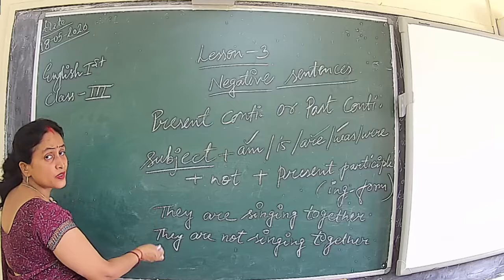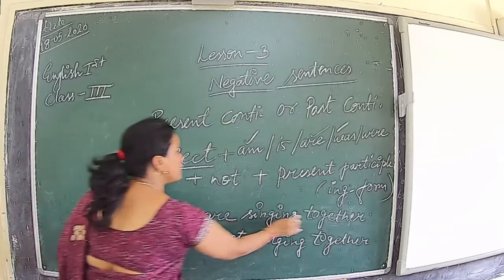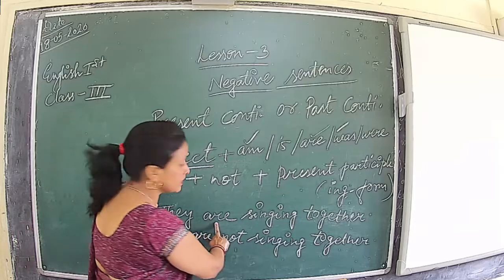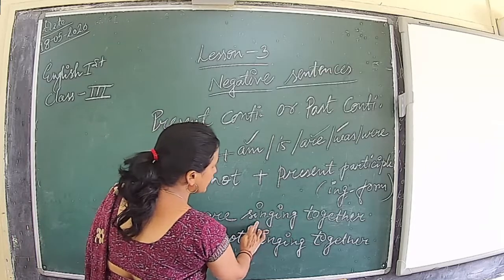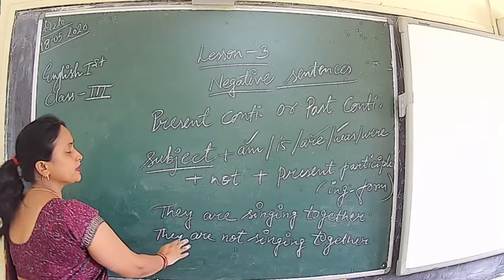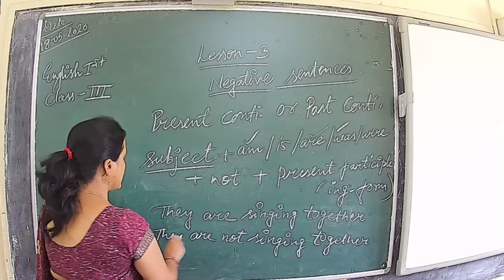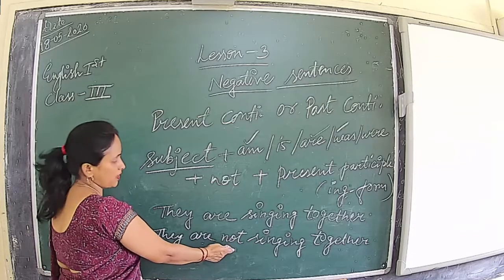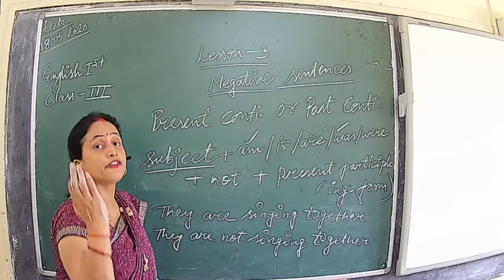Now there is a difference. What is the difference here? This is an affirmative sentence. They, plural, they are. This is the helping verb, and after that, singing, the verb, together. But when we are changing into the negative sentence, they are, after are we use not.